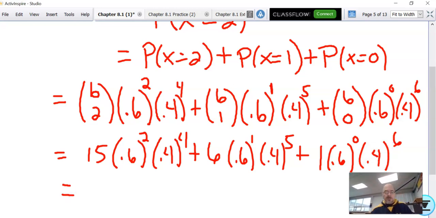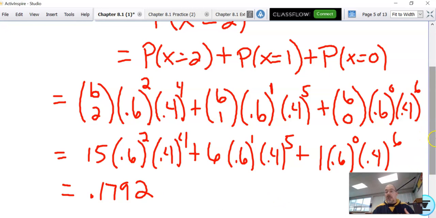And to save time, ladies and gentlemen, I already got this figured out. That would be 0.1792. And then if this was a test, you need to write out a sentence conclusion.